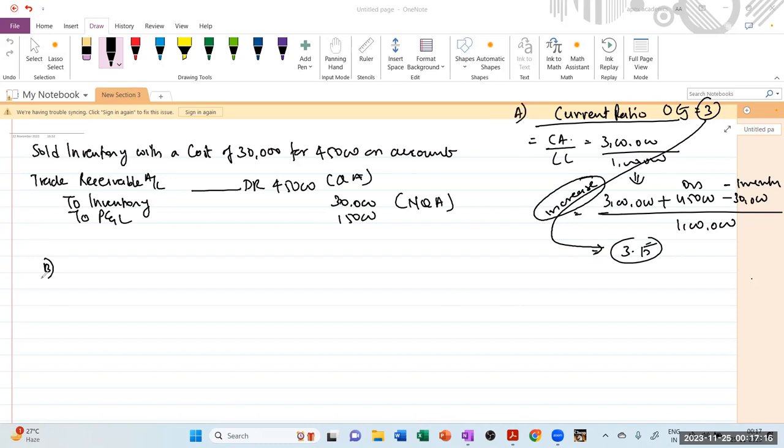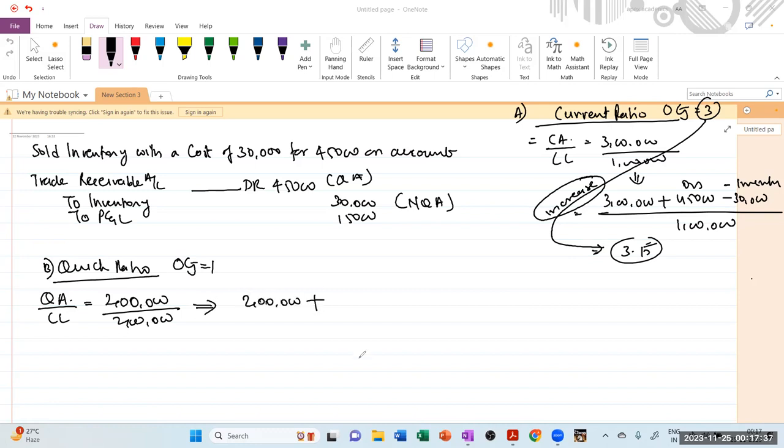Current ratio. Next, quick ratio. Quick assets upon current liabilities. What is the original ratio? 1. What will this become? This is 245 divided by 200, 1.225. What is this? Increase.